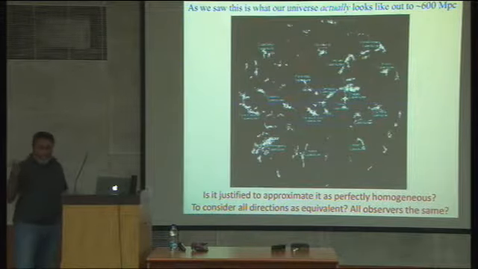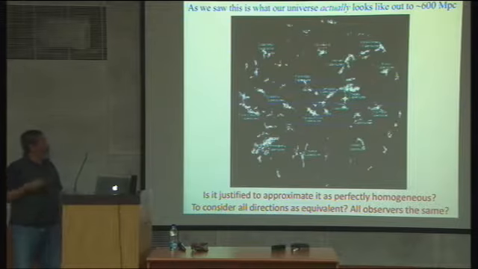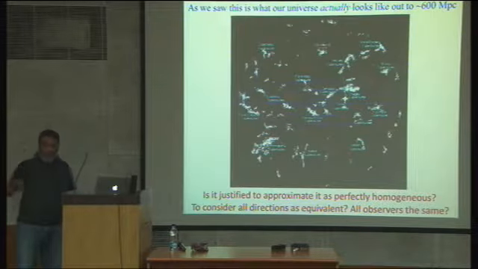So there are at least three possible ways in which our observations can lead to biased conclusions. One is, of course, that the propagation of light through a system like that is not the same as the propagation of a null geodesic in a homogeneous background. The light will suffer deflections, which is called gravitational lensing.